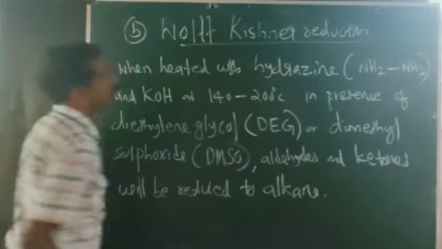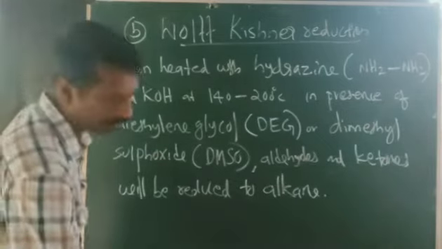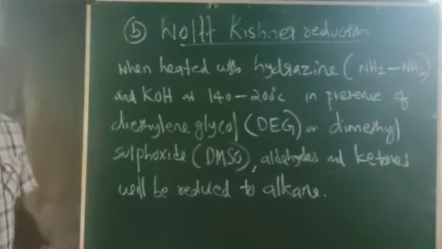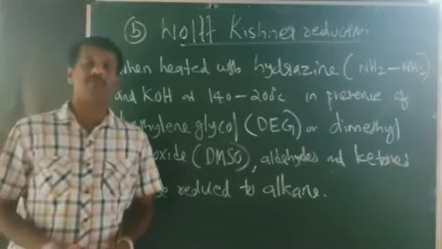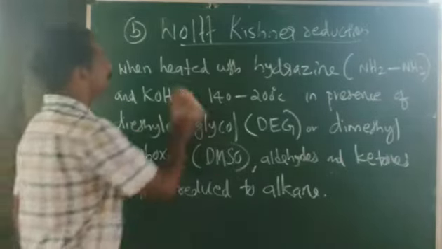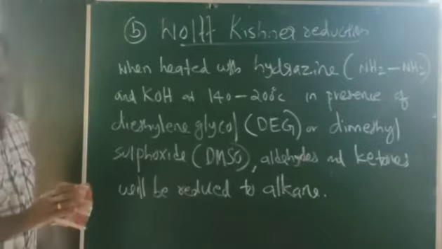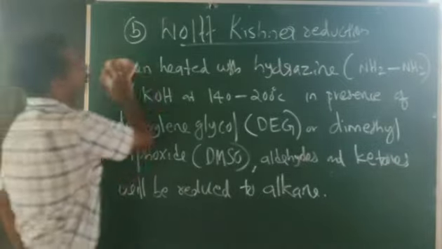This reduction is known as Wolff-Kishner reduction. So keep it in mind, in Wolff-Kishner reduction the reducing agent is hydrazine and KOH at 140 to 200 degrees Celsius in presence of diethylene glycol or dimethyl sulfoxide.